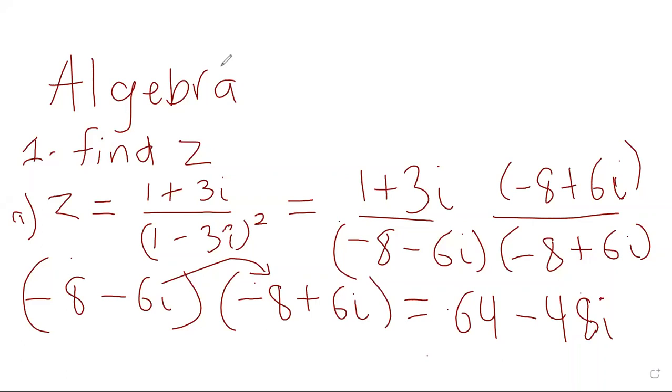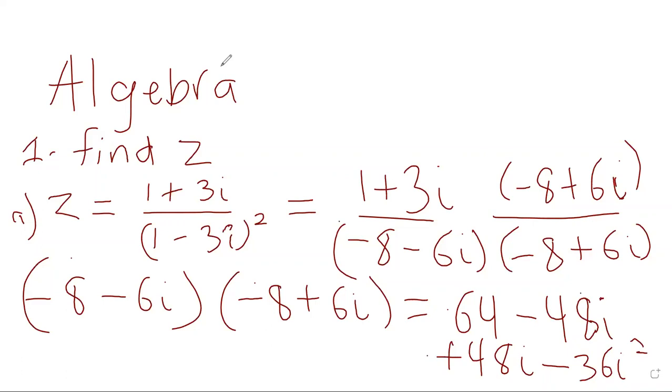So let me write that down. And then we have minus 6i times positive 6i. That will give us minus 36i squared.